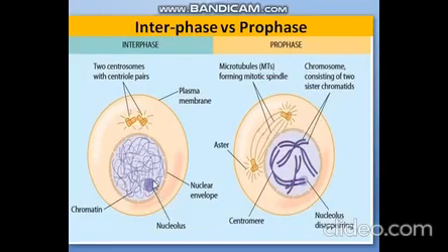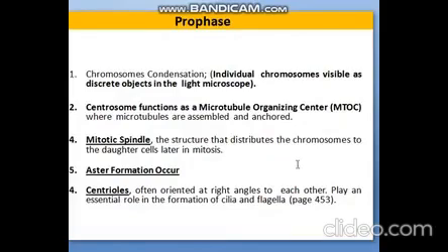Here the nucleolus is quite visible. And then there are some microtubules going to form the mitotic spindle, and here the mitotic spindle is not that clear. So the prophase stage is condensation, individual chromosomes are visible, and the microtubule organizing center, MTOC, where the microtubules are assembled and anchored, is quite visible. Then the mitotic spindle is formed, asters are formed, and centrioles are formed, as I have shown you in the previous slide.